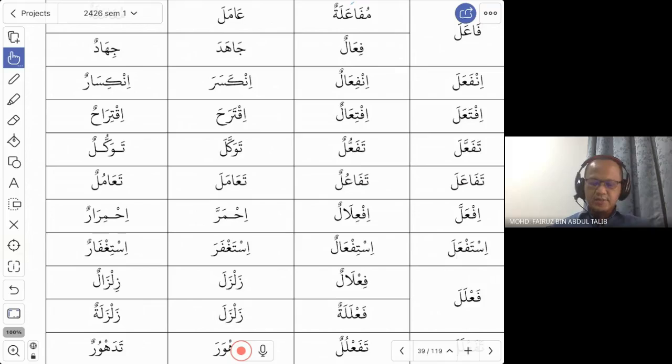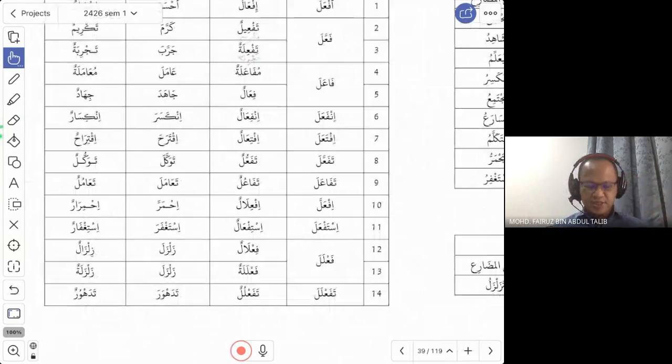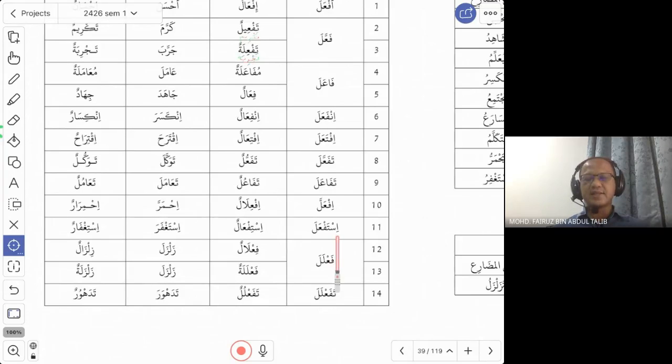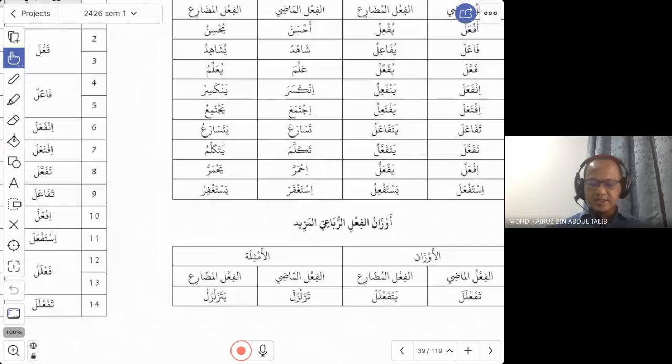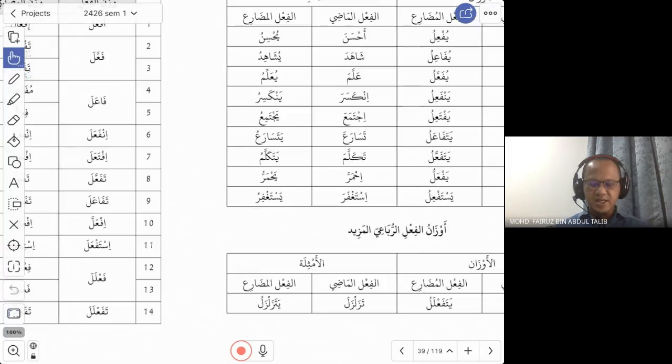And the next wazan, number 11, is istaf'ala. This is the longest fi'il that you can have, 6 letters. So from the old table, istaf'ala, yastaf'ilu. And what is the masdar?